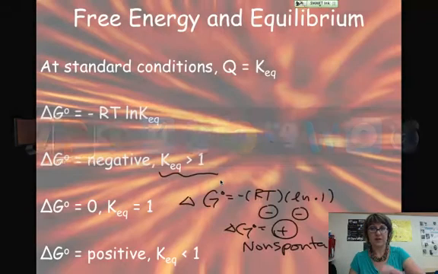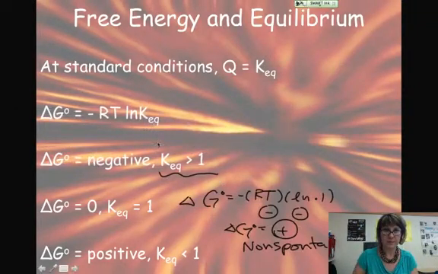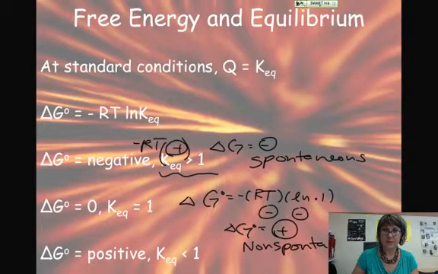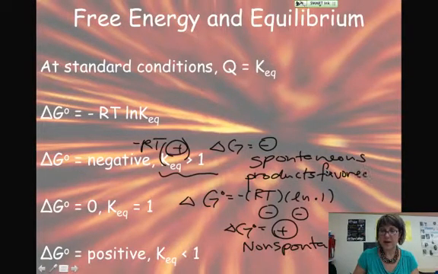So if I have a positive term here for my KEQ, this is positive, and then it's minus RT times my positive ln K, then I'm going to get a delta G that is negative, and that is a spontaneous reaction where products are favored. So that's how this works. We could tell just by looking at the equilibrium expression what might happen with delta G, but now we have some mathematical proof to back it up.